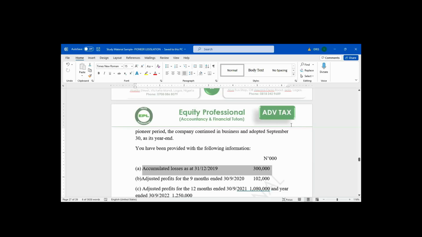However, before this loss can be carried forward to the post-pioneer period or can be relieved against the profit of the post-pioneer period, what is the condition? Who can tell me the condition? There's one condition before you can relieve any loss made during the pioneer period against the profit of post-pioneer period.